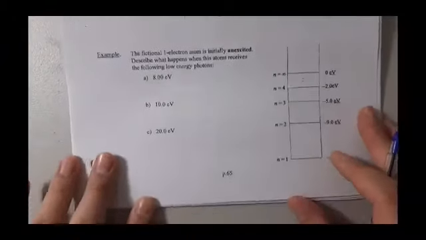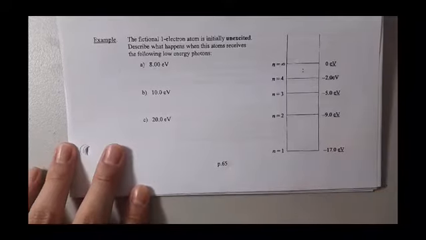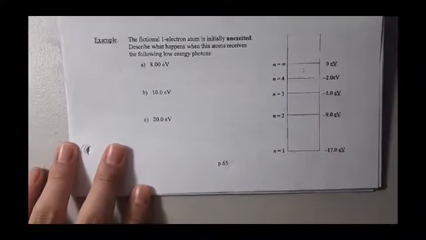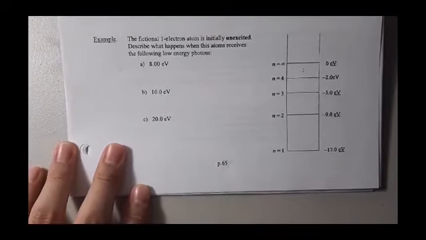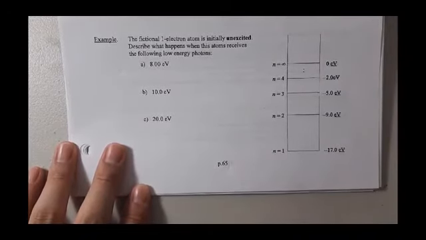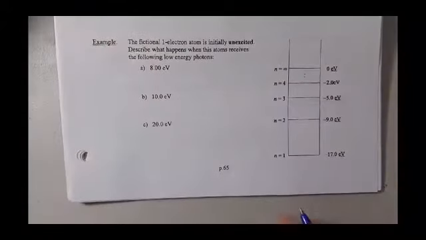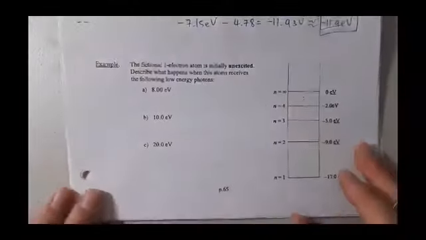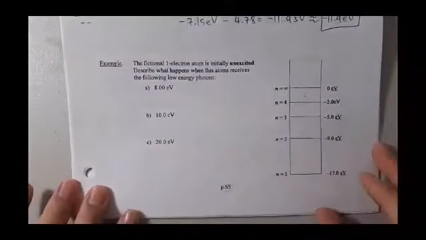Again, my rookie part. Let's do one more diploma-like question. You are trying to find out what happens to an electron that is initially unexcited if it receives the following energy.